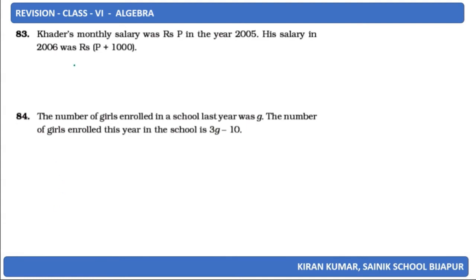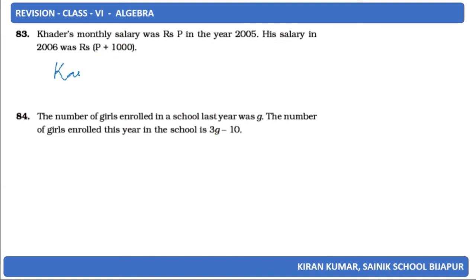Question 83. Kadir's monthly salary was rupees p in the year 2005. His salary in 2006 is rupees p plus 1000. So there's an increase.